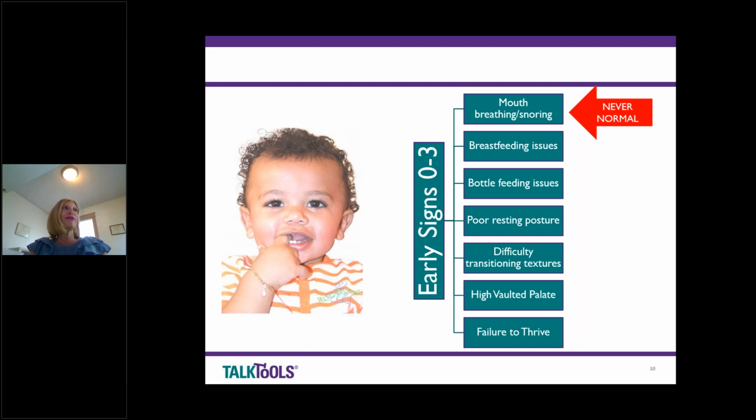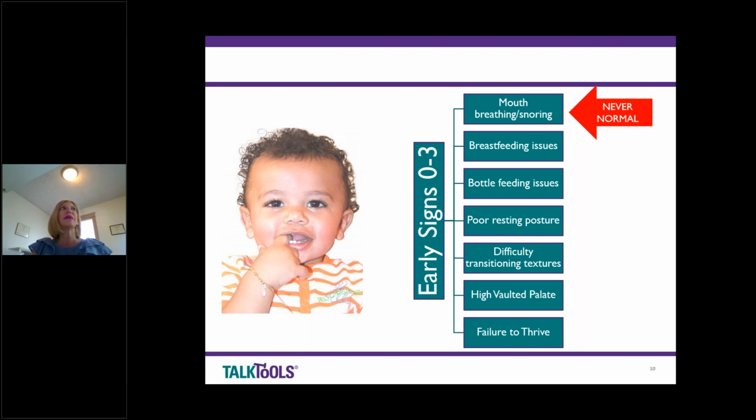I learned many things in my training to become a certified orofacial myologist, but if there's one thing, it's that airway is everything. That was the theme of the 2019 IAOM convention. And sadly, a lot of pediatricians don't really pay much attention to that in babies. They're not asking their patients, is there snoring?